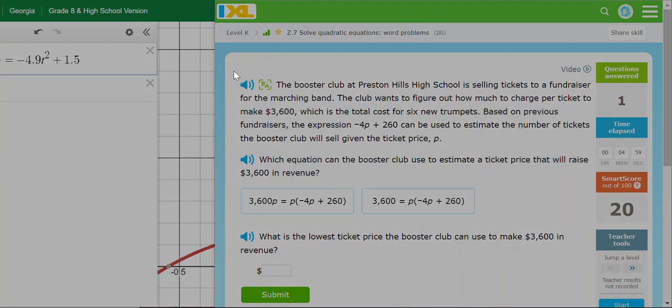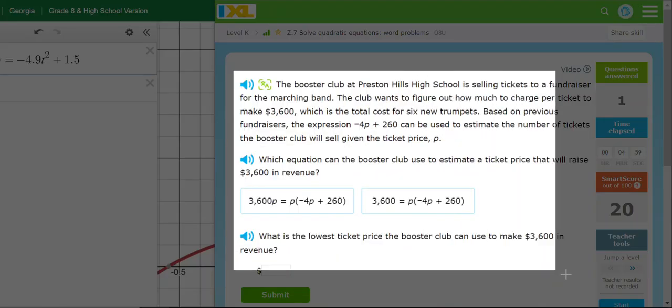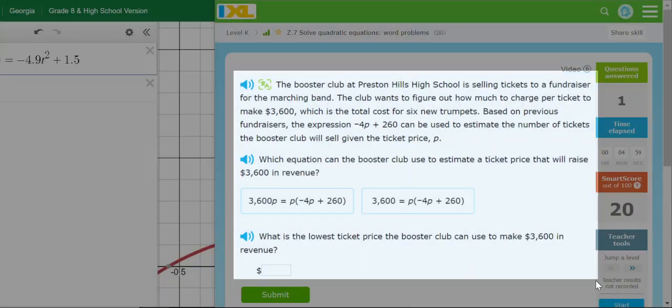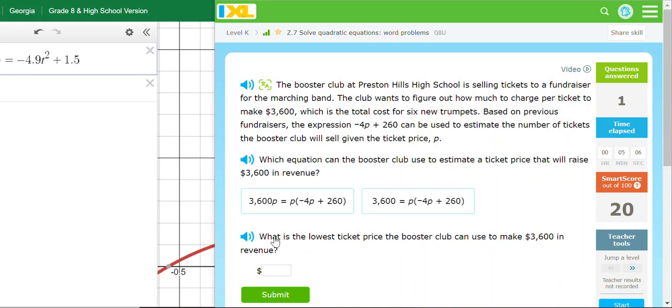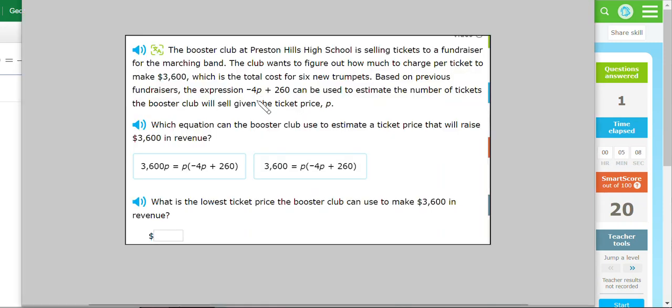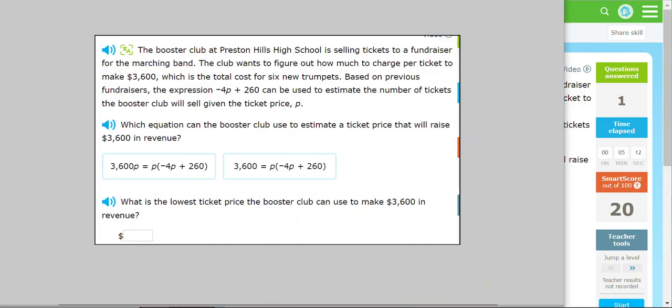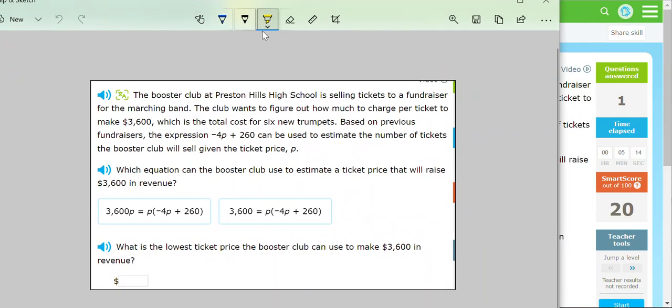I think my computer is having a slow moment. All right, so this expression estimates the number of tickets.